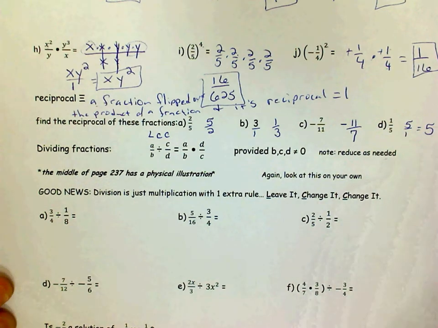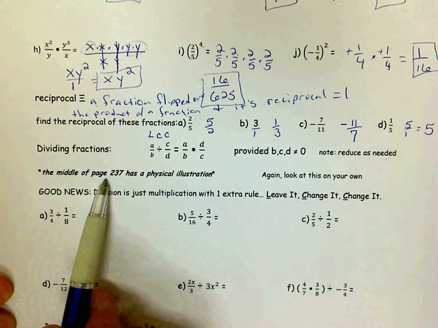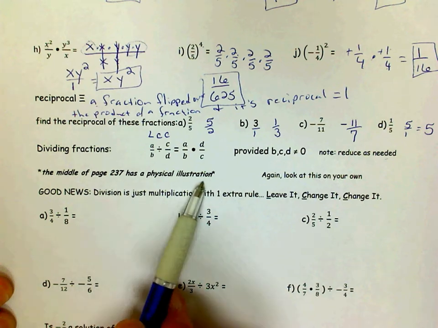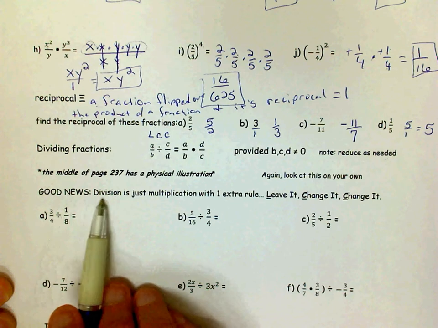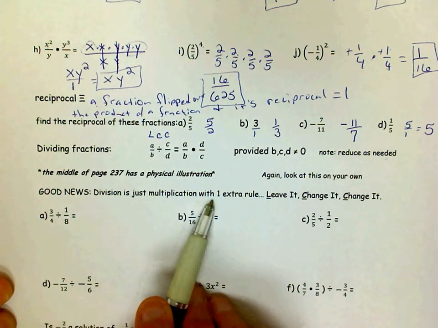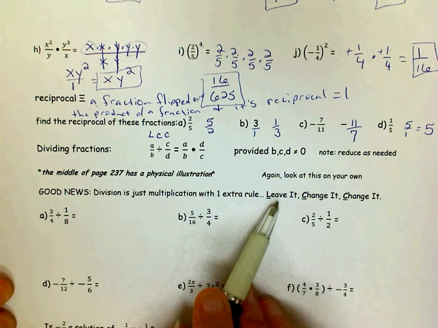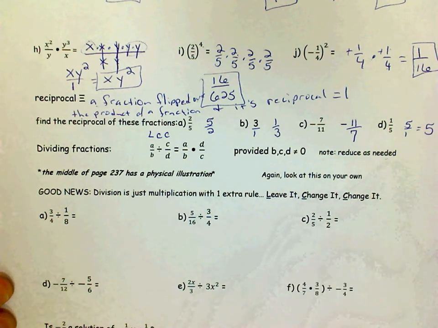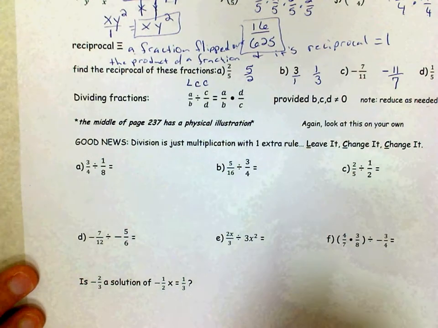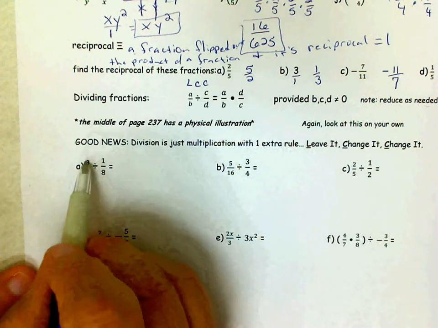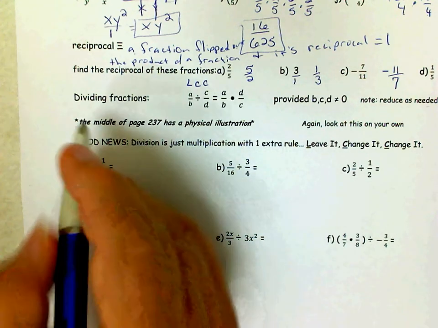Now the middle of page 237 has a physical illustration, and again, look at it on your own. Good news, division is just multiply with that one extra rule. Leave it, change it, change it. Yahoo! I like it when it stays the same. So, 3/4 divided by 1/8, leave it, change it, change it.